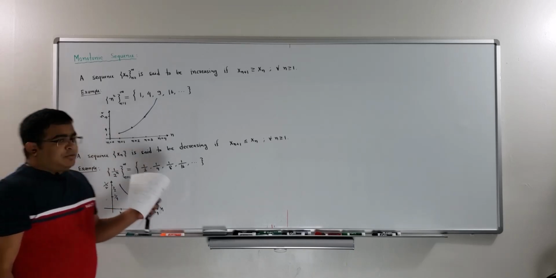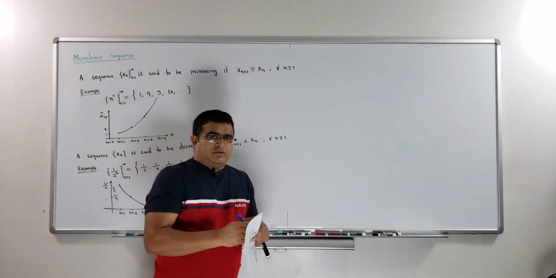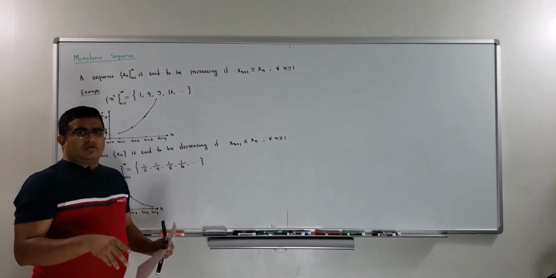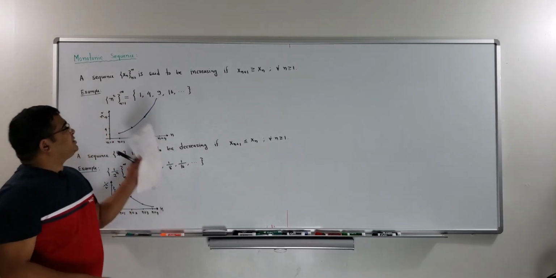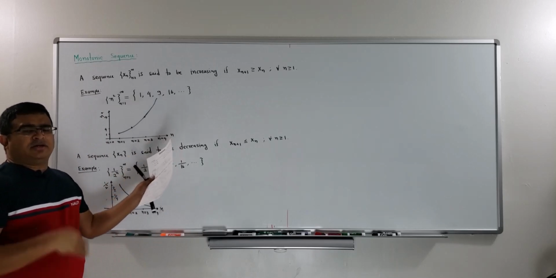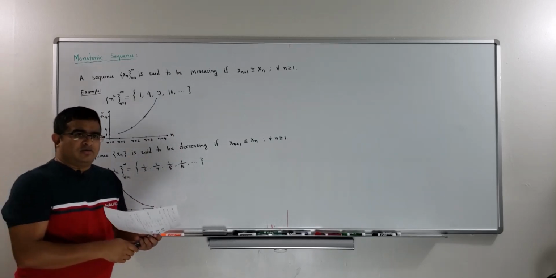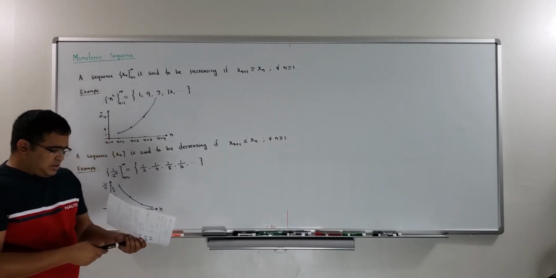So we learned about increasing and decreasing sequence. Now a sequence is called monotonic if it is either increasing or decreasing.